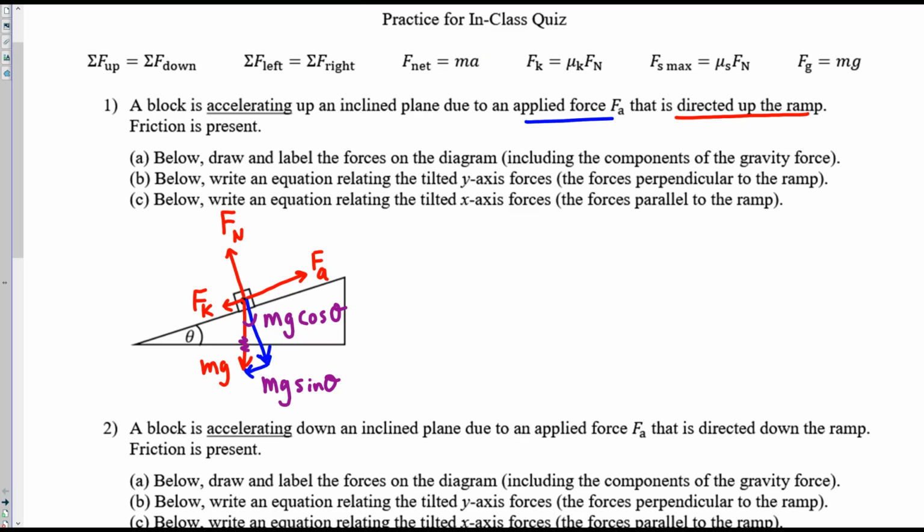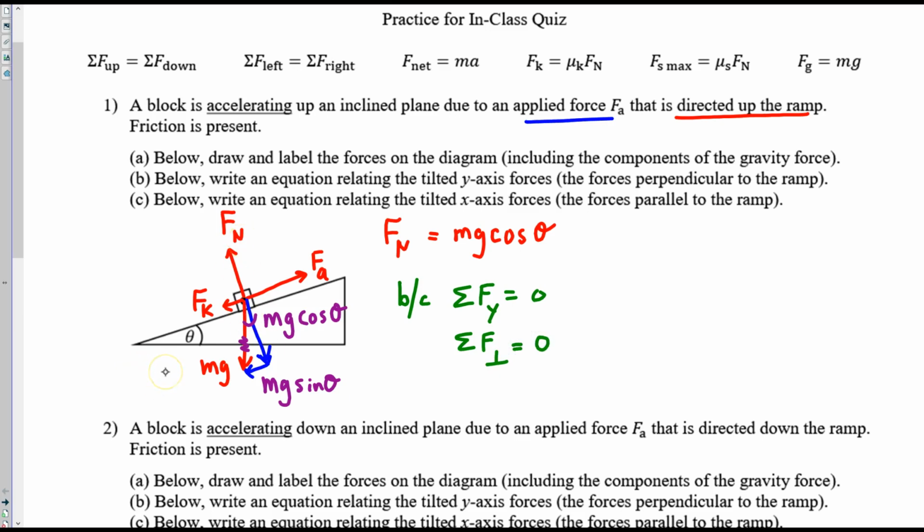On that axis, the y-axis, we have balancing of forces. And the reason, again, is because the sum of the tilted y forces is 0. You might prefer to think of this as the sum of the forces perpendicular to the ramp is 0.